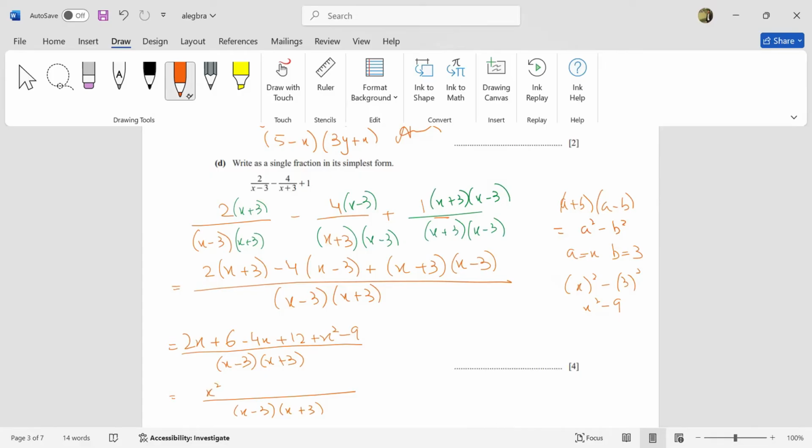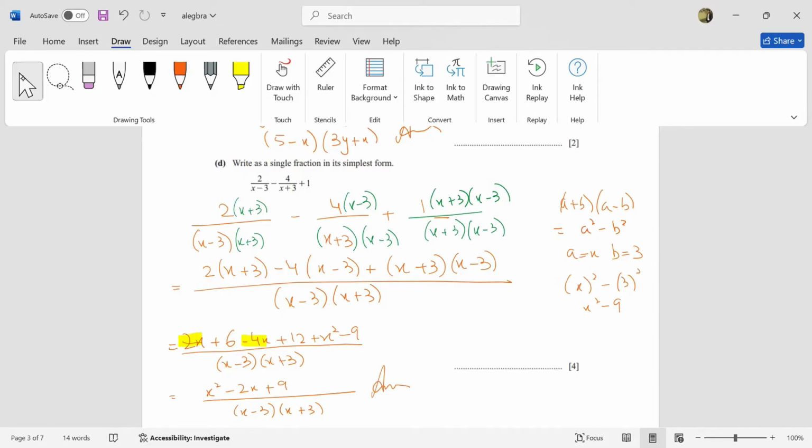Now with the 2x minus 4x, 2x minus 4x gives me minus 2x, and then 6 plus 12 minus 9. First, you add 6 plus 12, and then subtract 9. It gives me plus 9. That is our ultimate answer.